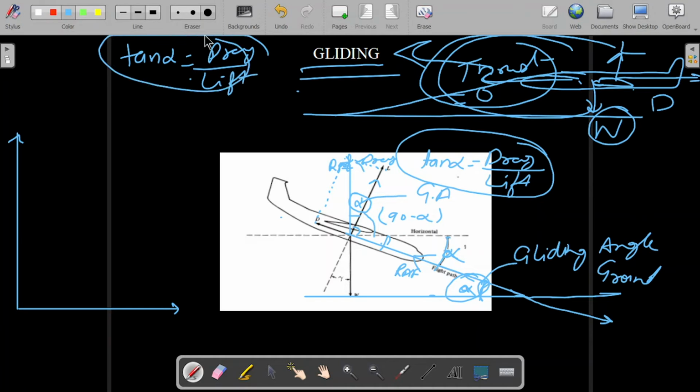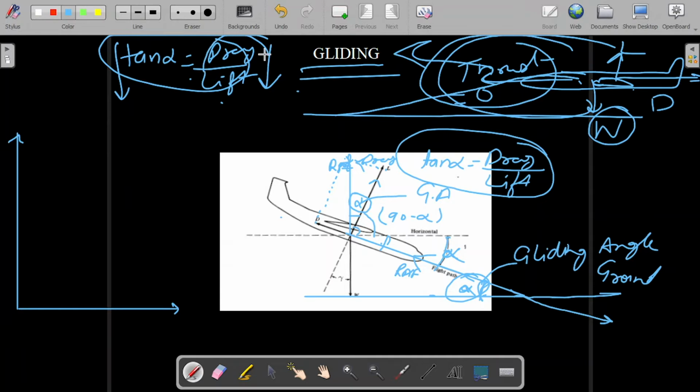This means that a lower drag to lift ratio will result in a lower value of tan alpha. That means if the drag to lift ratio is very low, the flatter will be the gliding angle. So it will take more time for the aircraft to glide and do a controlled landing.